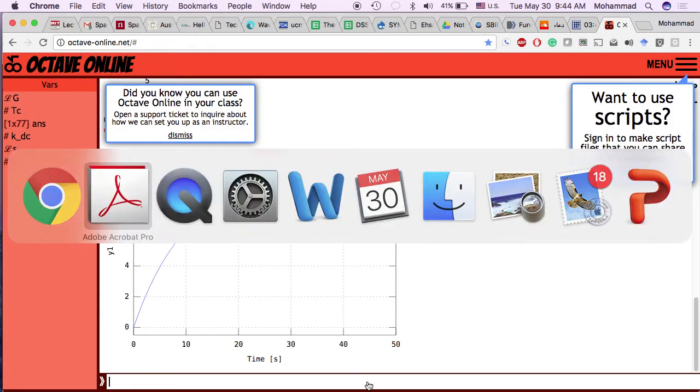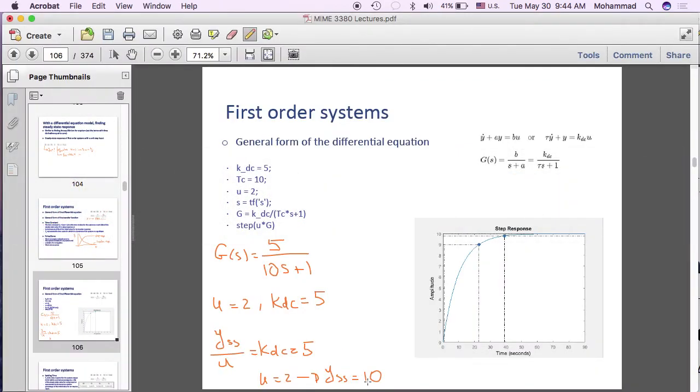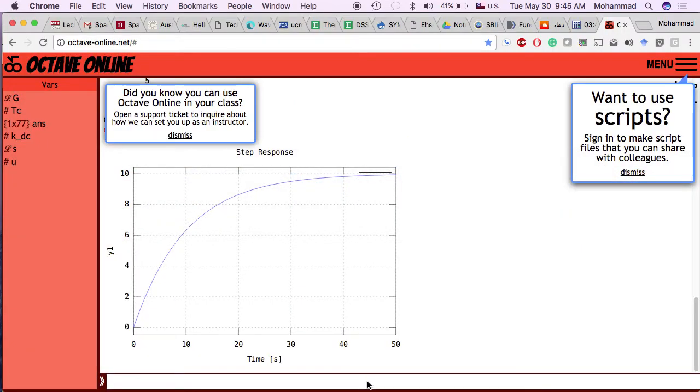Look at the model. What is the time constant of the system? 10. And 63% of 10 is 6.3. Does it take about 10 seconds to get to 6.3? If it does, then that's another indication that this is the correct behavior.